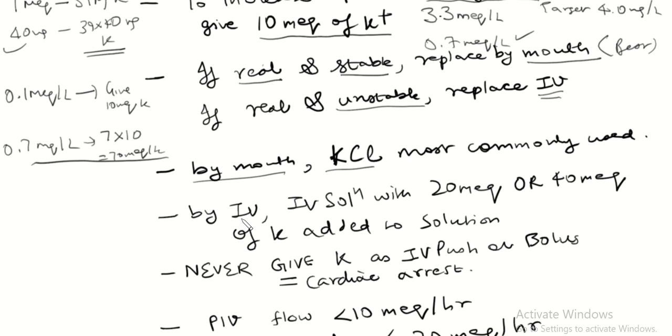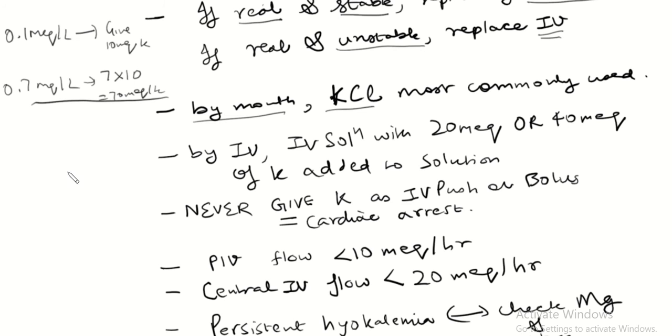If you're giving it intravenously, we have a solution and we add a certain amount of potassium chloride or one of the salts to give some milliequivalents of potassium in that solution, and that potassium is run through the patient's intravenous line. It is not bolused.